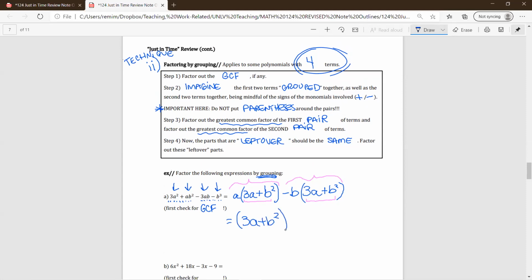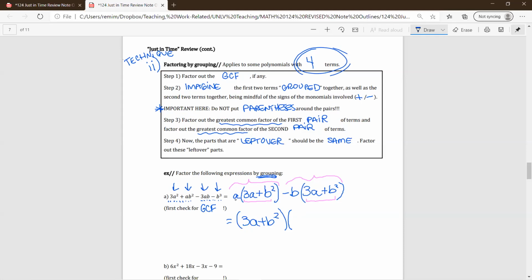And just like we did on page 6, when we have our GCF, when we have something in common, we write it out to the front, and then we put parentheses, and then we write what's left over. So if we look at this first big part, this first expression here, if we take a 3a plus b squared out of that, what will be left?